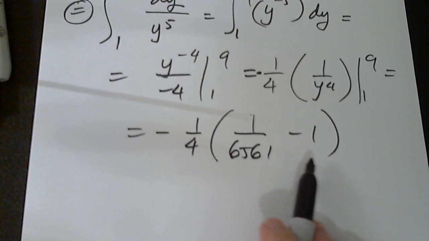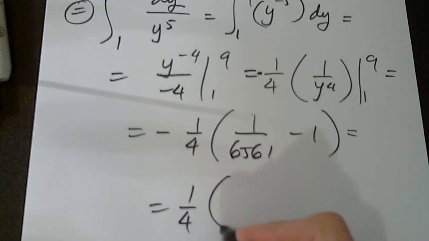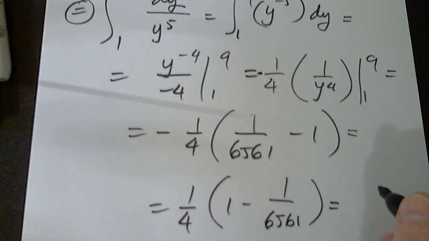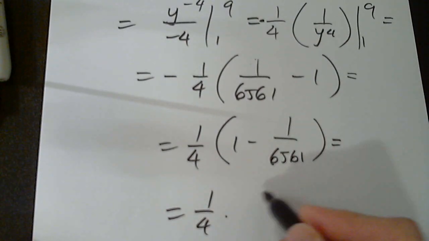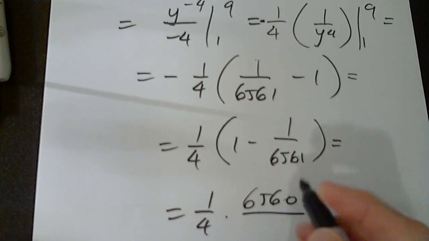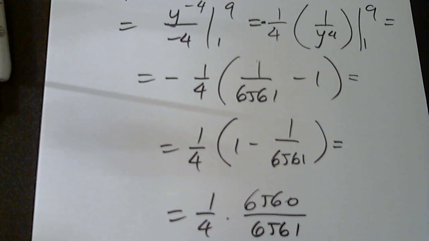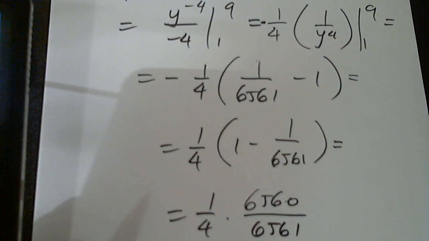Yes, you can distribute or just factor out -1 if you'd like, because there are too many negatives. So 1 minus 1 over 6561. And you can perform this operation. So this is 1/4 times 6560 over 6561. So I'm going to see if I can divide 6560 by 4.